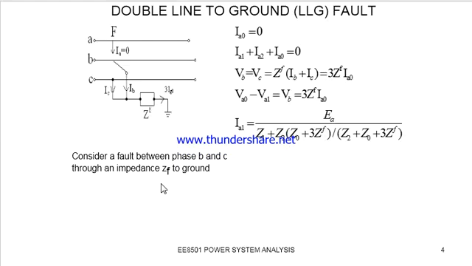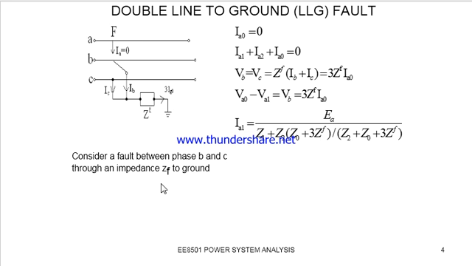When we are considering the double line to ground fault, obviously we can see that B and C are connected to each other and through which they are connected to the ground through the ZF impedance. So IA is equal to 0 here and also IA1 plus IA2 plus IA0 is equal to 0.